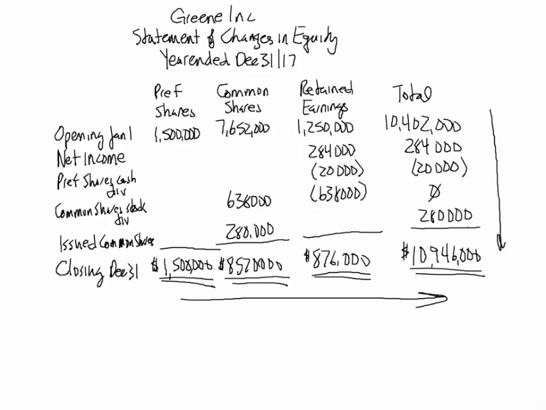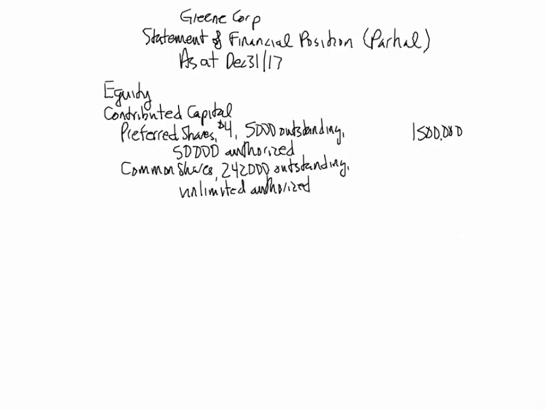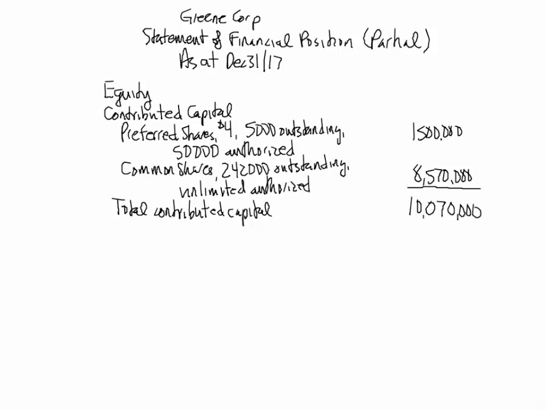And we know what the amount is because it tells us right here, 8,570,000. Then we do total contributed capital, and that's these two amounts added together, 10,070,000.